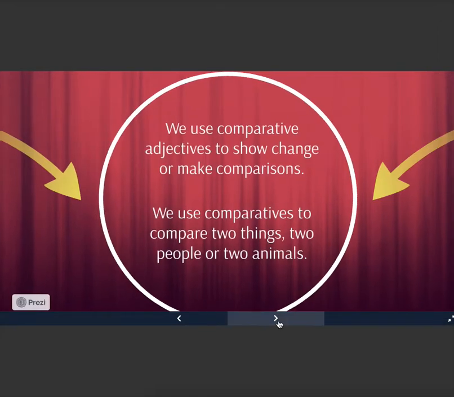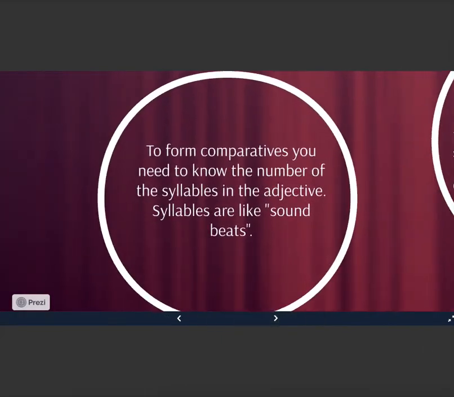Next slide, babies. 30 seconds to take notes of the next one. Okay, babies, let's continue with the next slide.